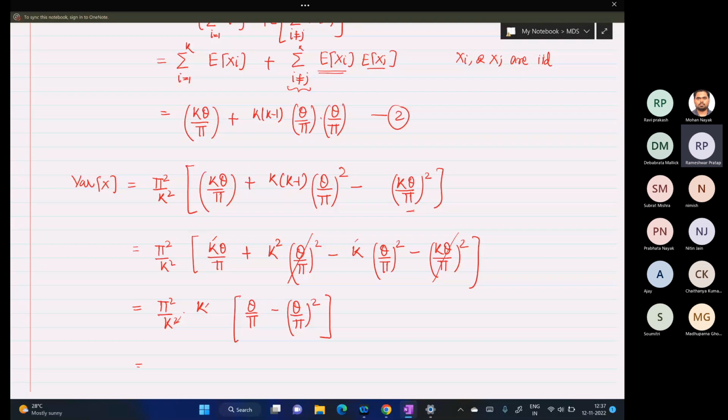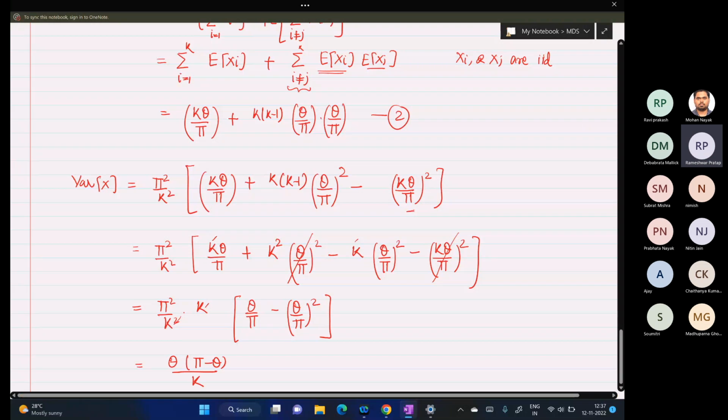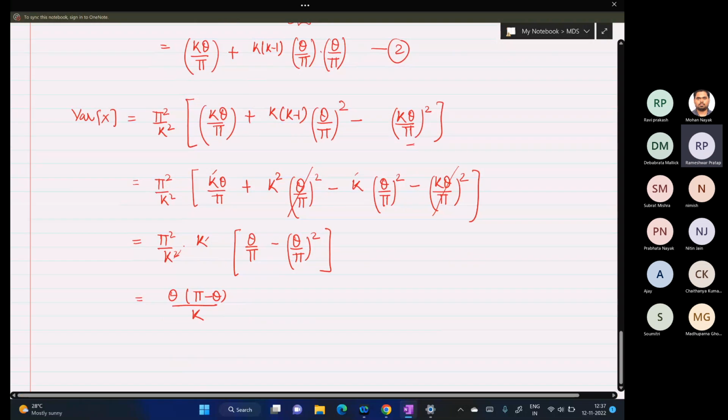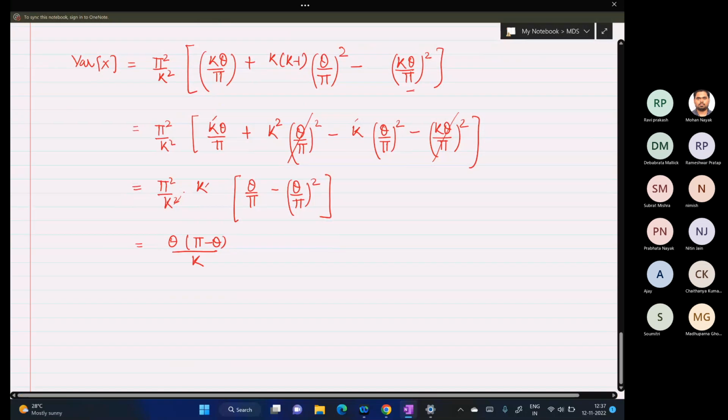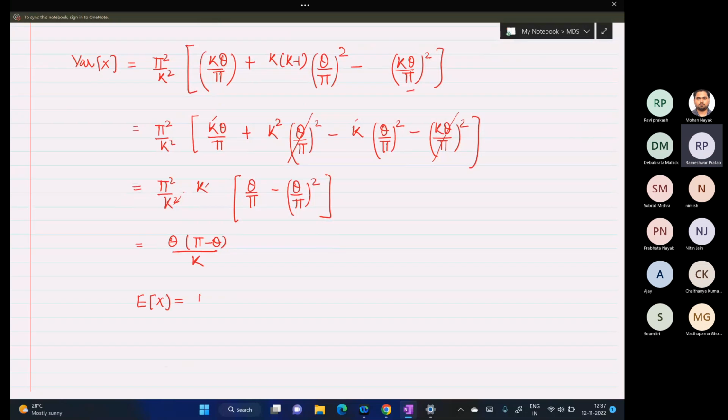So we get theta into pi minus theta by k. Right. So just to summarize, the expected value of our estimate is unbiased, whereas its variance is theta into pi minus theta by k.